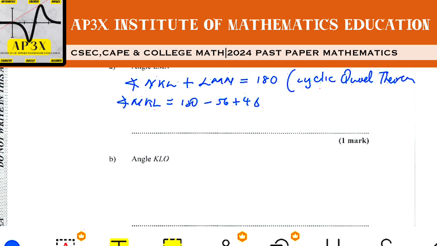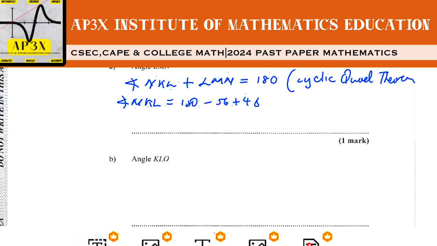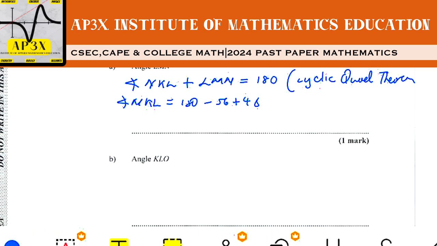So grab our calculator here. Okay, hold on. 56 plus 48, and we're going to take that away from 180. We're going to end up with 76 degrees. So that's 76 degrees here.